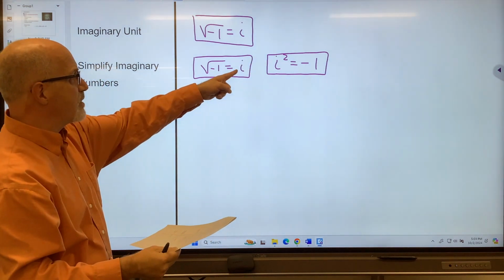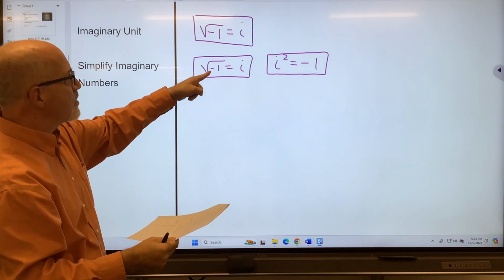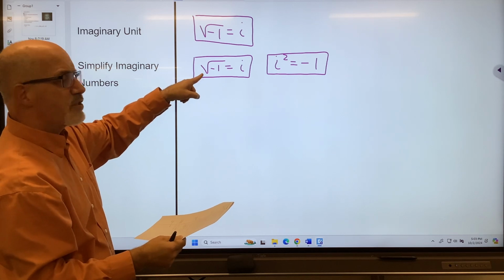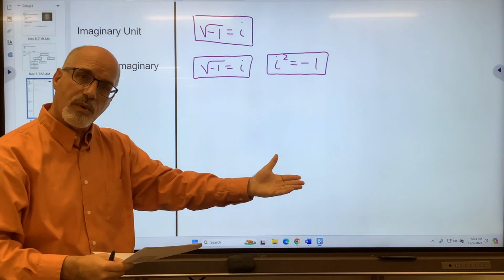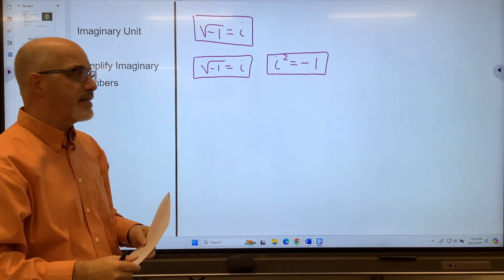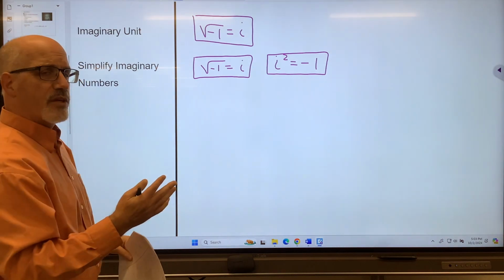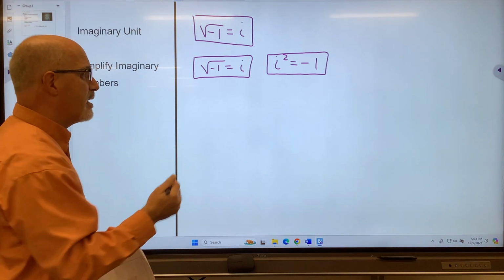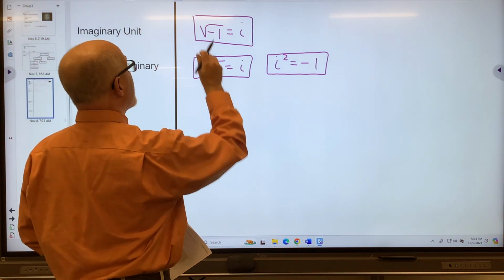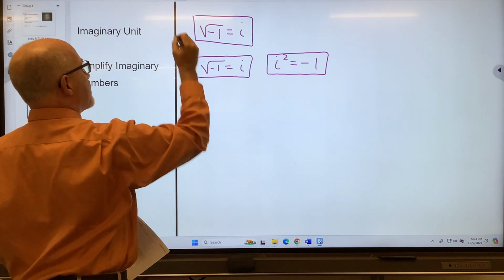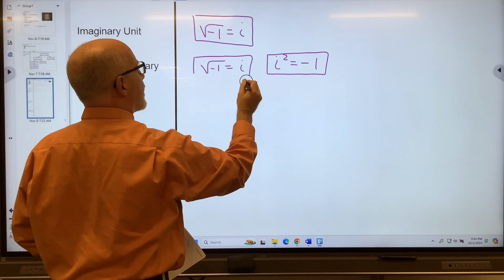Because squaring both sides here, you get an i squared, square this one, and the square of a square root gets rid of the square root, just gives us the radicand. Now this is also going to turn into a pattern. The pattern will be, if I build on this one here and make a chart here for us.